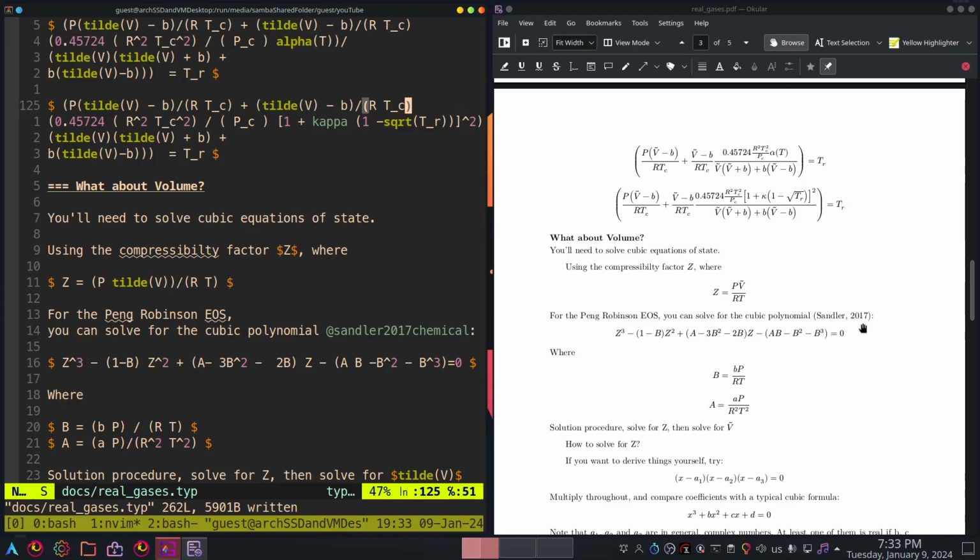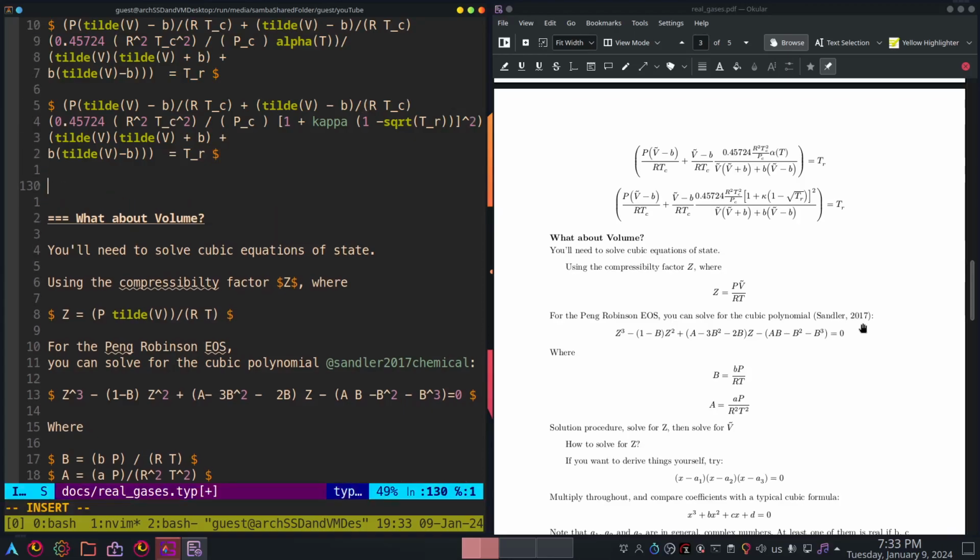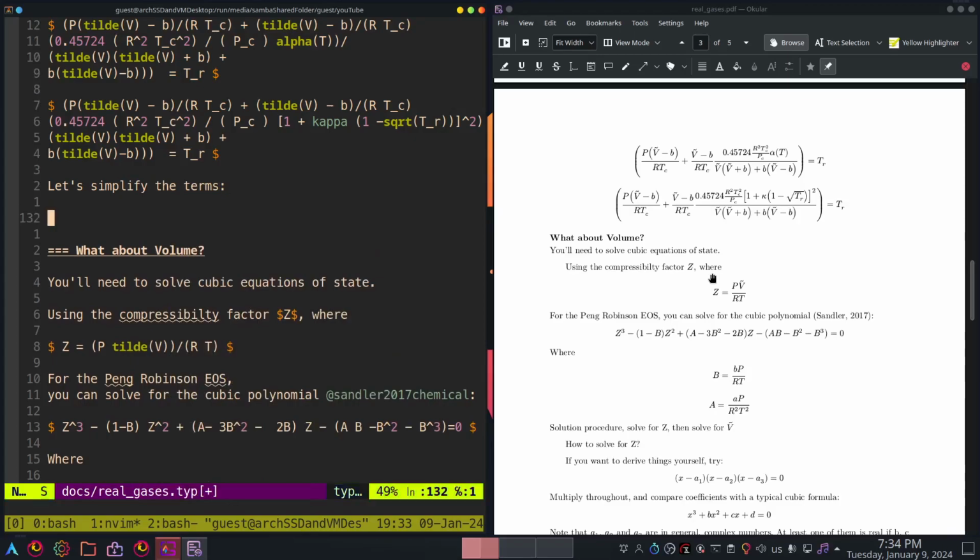For simplicity's sake, let's call the terms A1, A2, A3, something like that. What I mean here is let's simplify the terms, so at least it's more bearable to look at. I cannot use A1, A2, and A3, so I'm going to use something like psi and zeta.